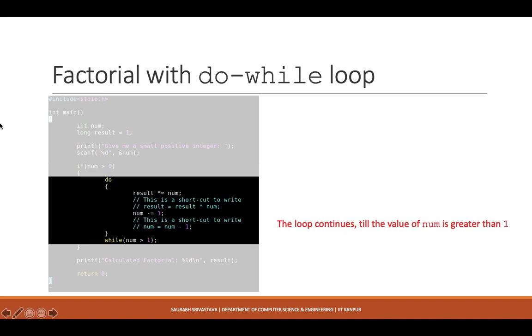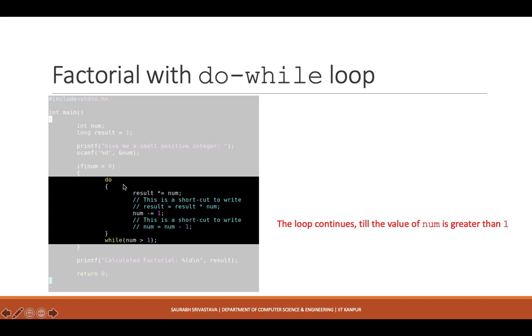If there is no if condition here, in the first iteration itself the result becomes result equals result into 0, so the result will become 0. Even though the condition being checked is actually false, you have to understand that if you are using a do while loop, this loop will run at least once.